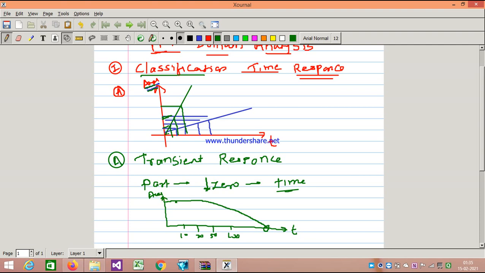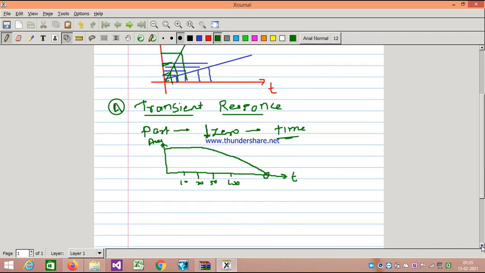Such a response is called a transient response. It may be amplitude, it may be any physical parameter; if this parameter goes to zero, it is called a transient response.